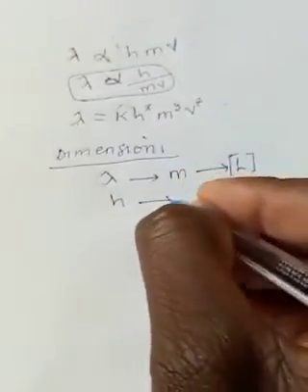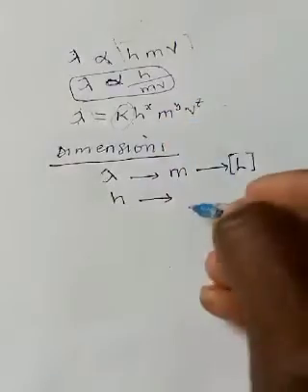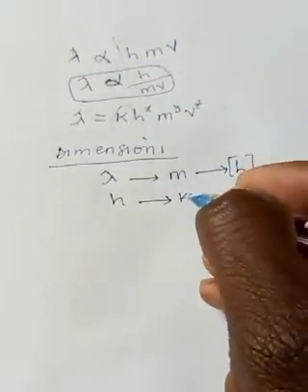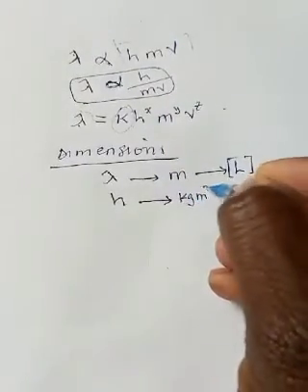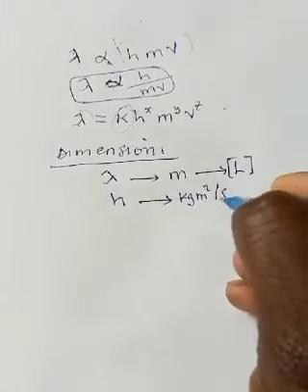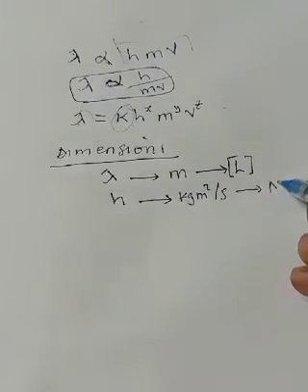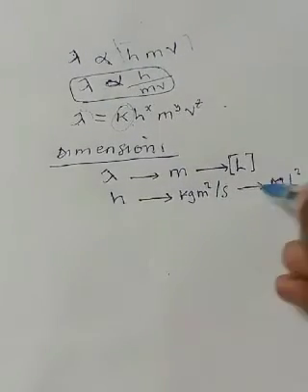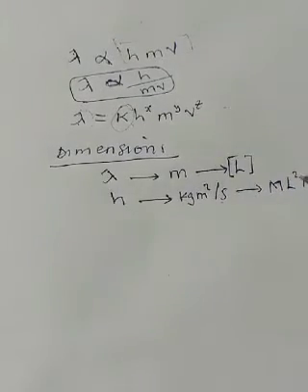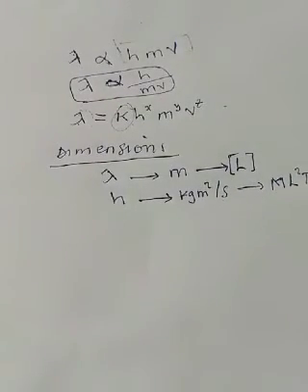Since it has the units of kg meter squared per second, its dimensions are going to be: dimension for mass is M, then length is L squared, per second, t to the power -1.